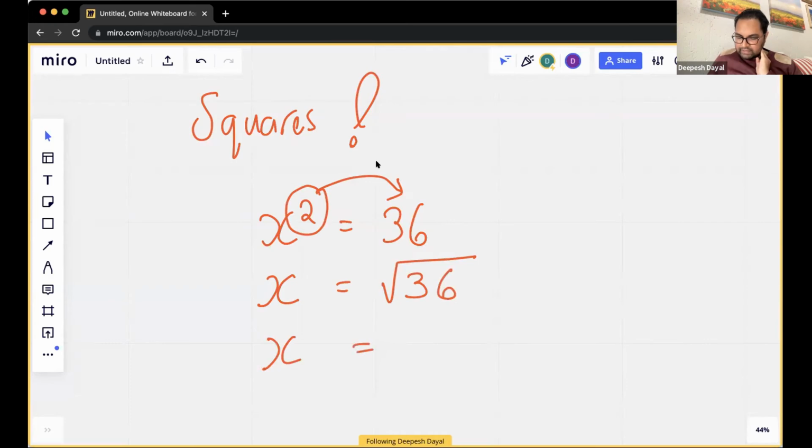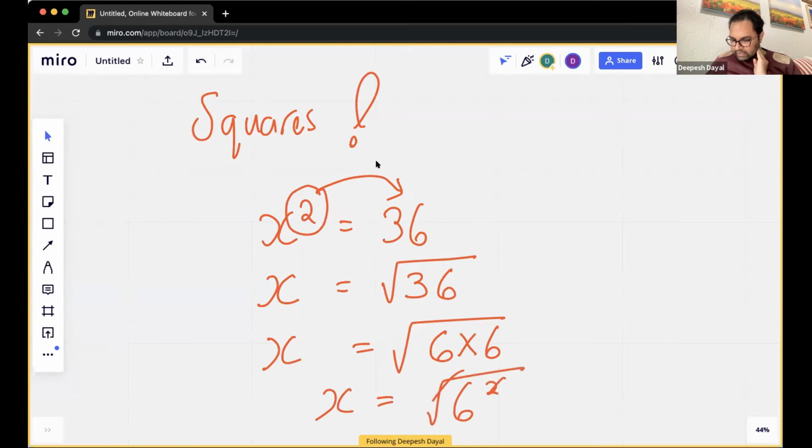The square root of 36 is the same thing as the square root of 6 times 6, which is 6 squared, hey? Yes. So the answer will just be 6. Thanks for that, Sakisi. So x equals 6. Well done. That's really great.